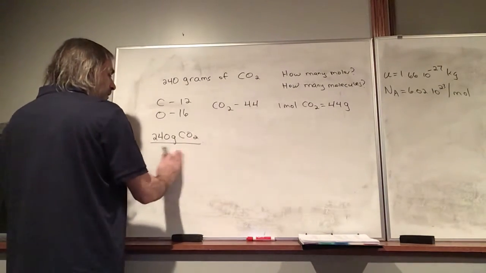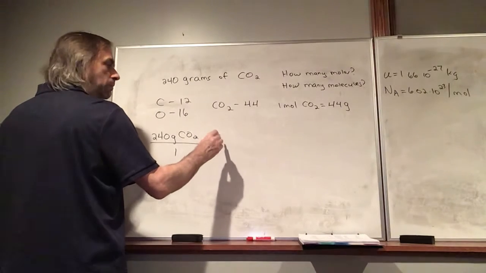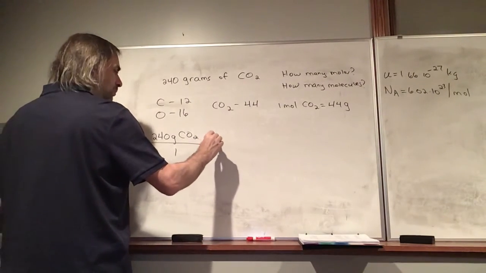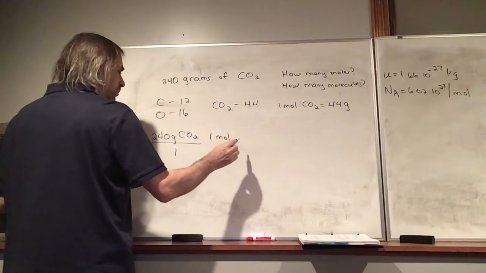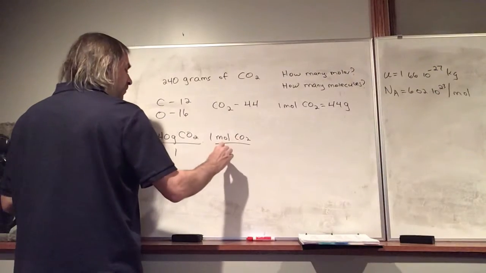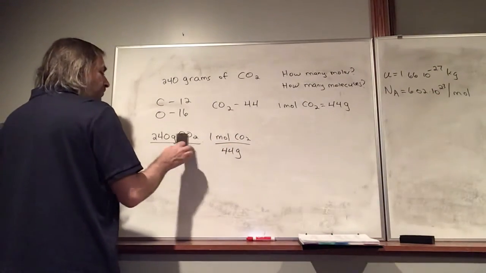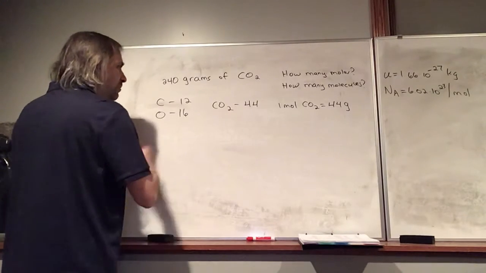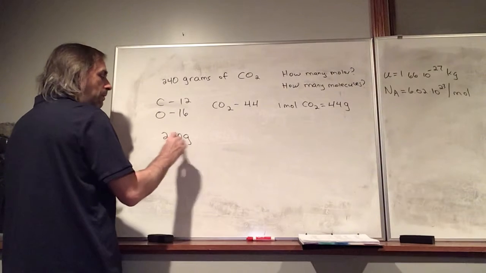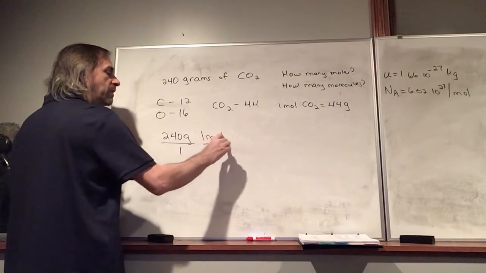Technically not wrong, but not what we're looking for. We have 1 mole of carbon dioxide would be 44 grams. So I usually don't write this CO2. Let me rewrite that. We have 240 grams. And we know 1 mole is 44 grams.